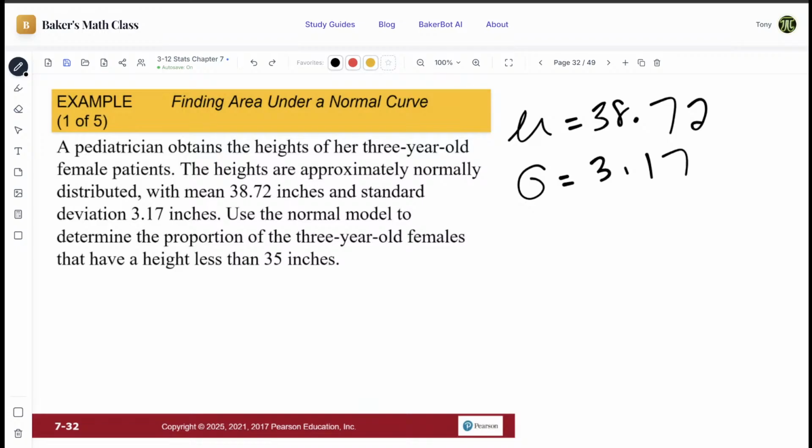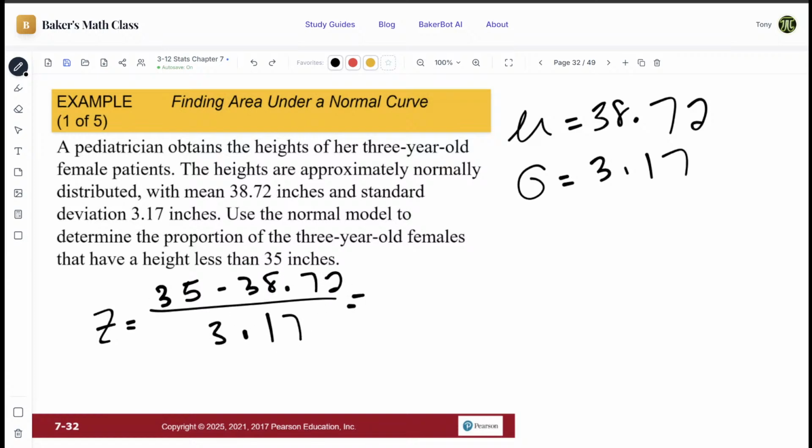So while you don't necessarily need to figure out your z-score for this because you use a calculator, you will most likely need it for your homework. So I want 35 inches minus the 38.72 over the 3.17. So that's all you're doing for that.